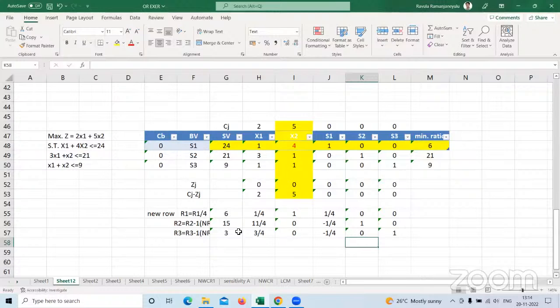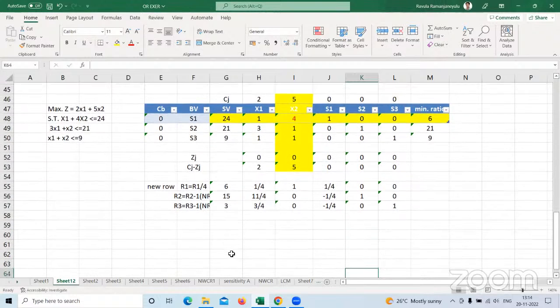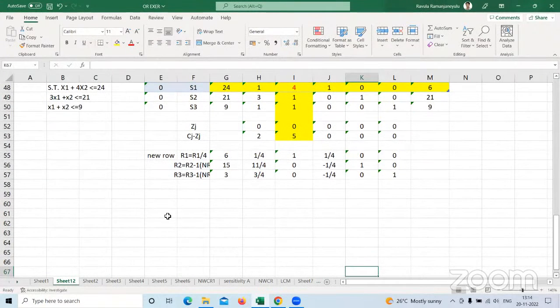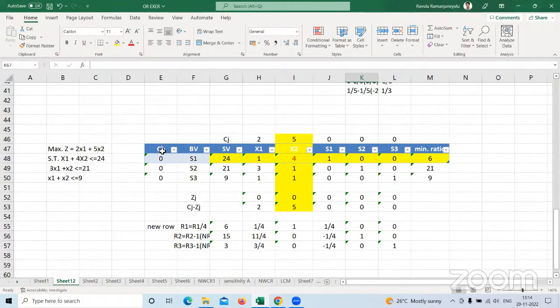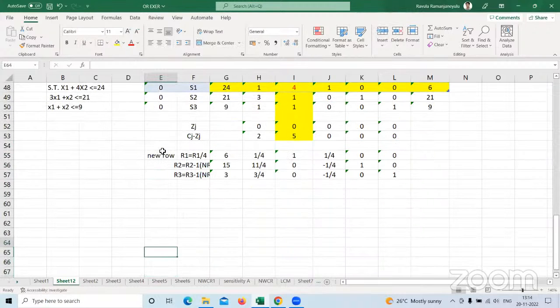Check once. Correct, sir. Yes, sir. Correct. Go with the table only.